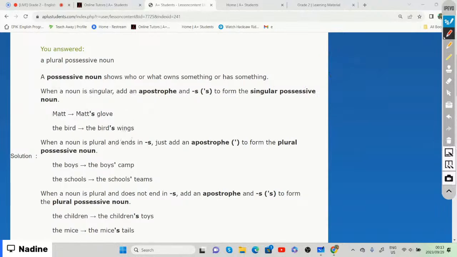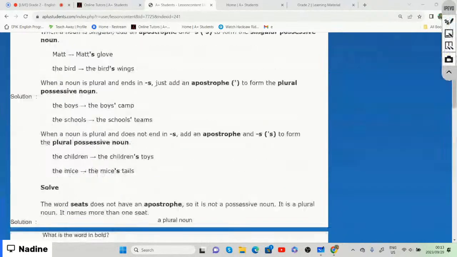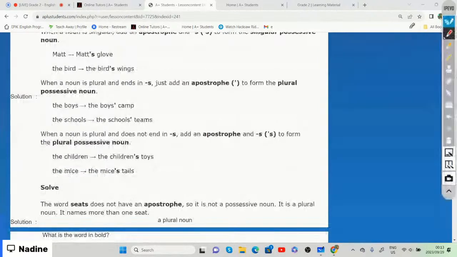All right. And when a noun is plural and it ends in S, this is now where we come to the word boys, for example. When the noun is plural and it ends in S, we just add an apostrophe to form the plural possessive noun. So if we have boys, right? The boys' camp. Boys is more than one, so we want to make mention of their camp.